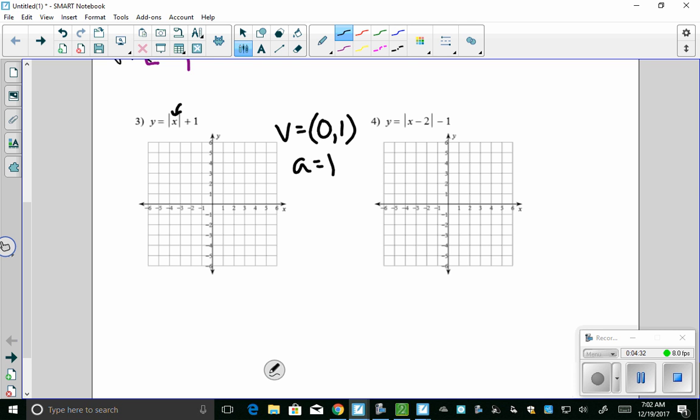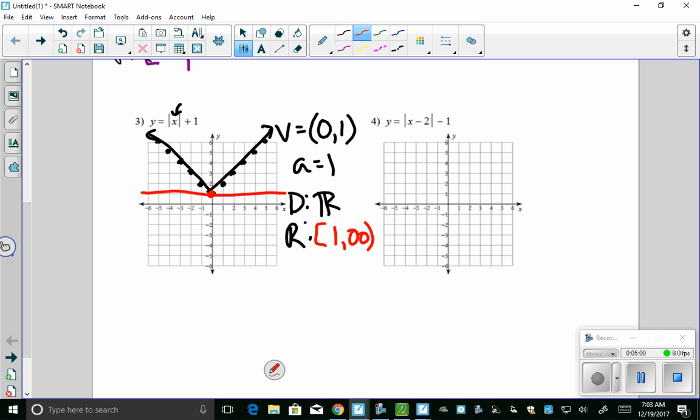So I'm going to go to (0, 1) on my vertex and do my slopes. My domain is all real numbers, and my range is 1, comma, infinity.